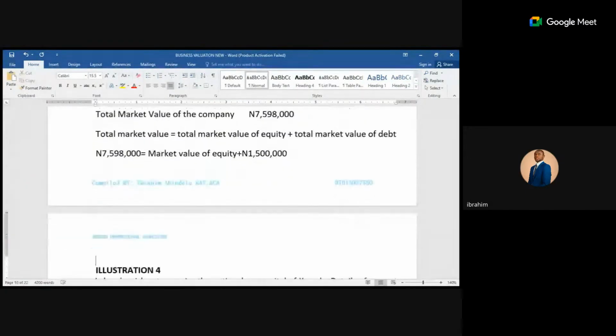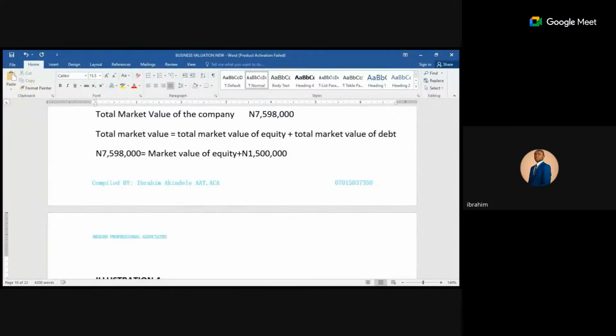So therefore, market value of equity equals 7,598 minus 1.5.